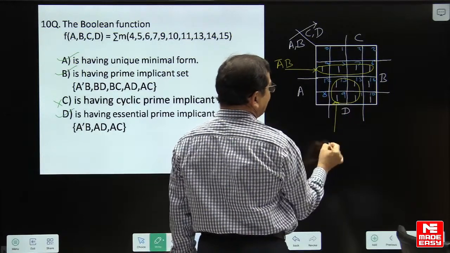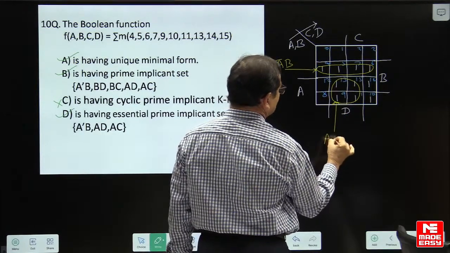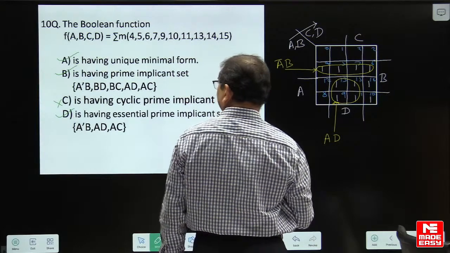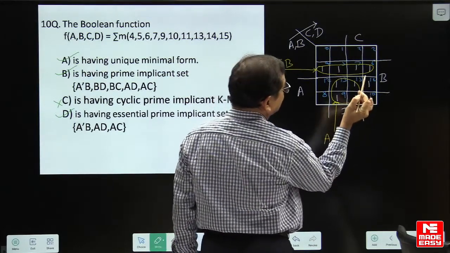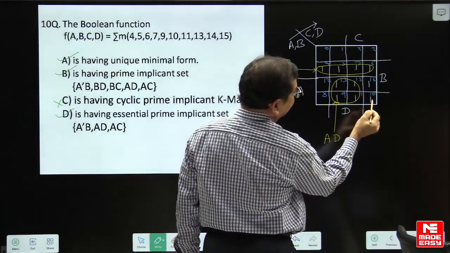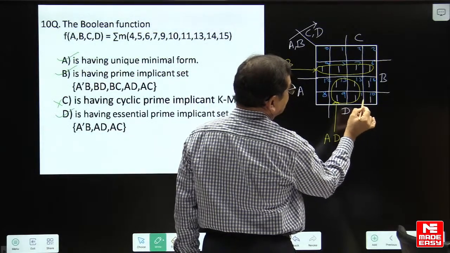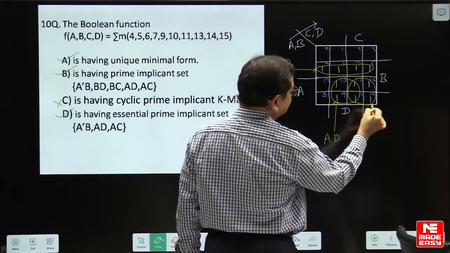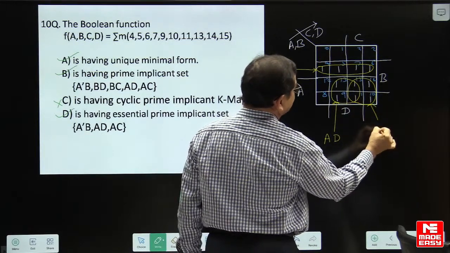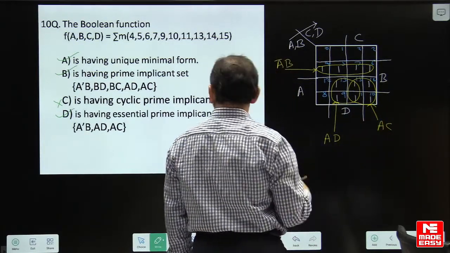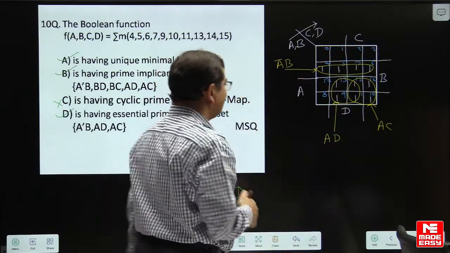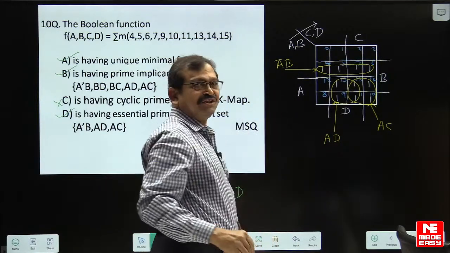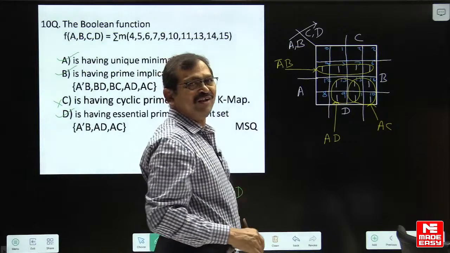The product, if you are writing it, will be A complement B. And minterm 9 is possible to cover by using this 4 cell subcube, and the product will be AD, right? And this minterm 10 is possible to cover by using this 4 cell subcube. It is giving AC, right? So with these 3 subcubes, we are having coverage of all the minterms.